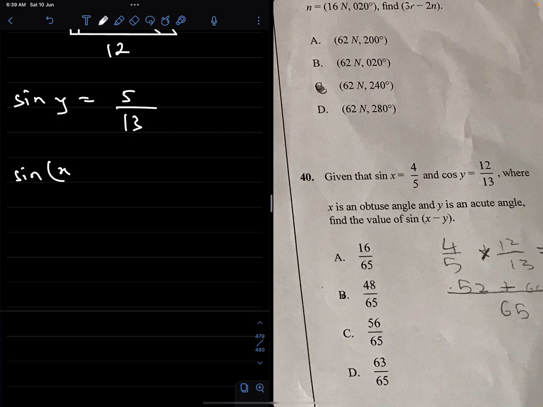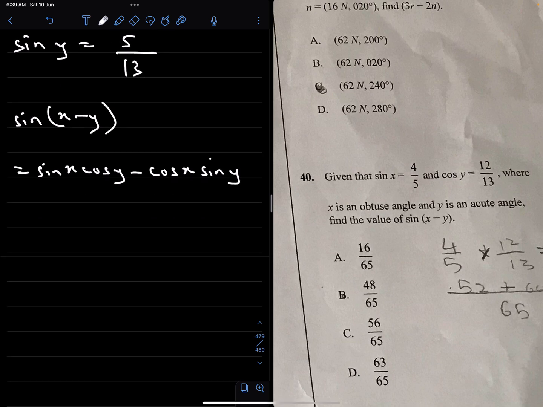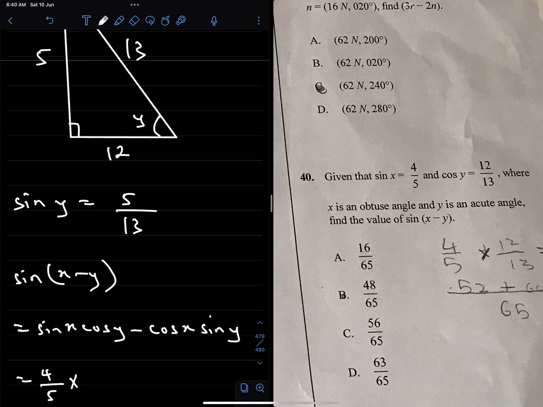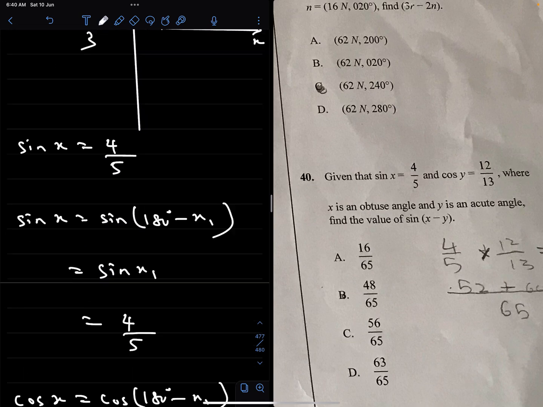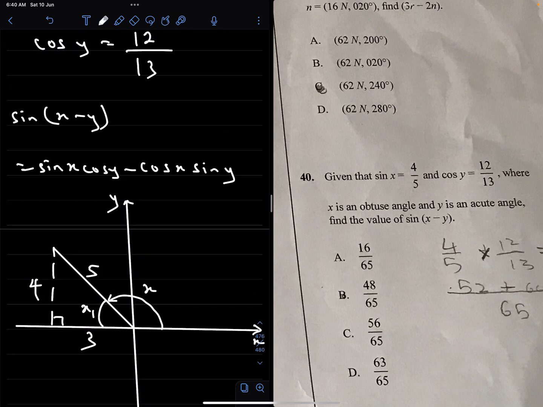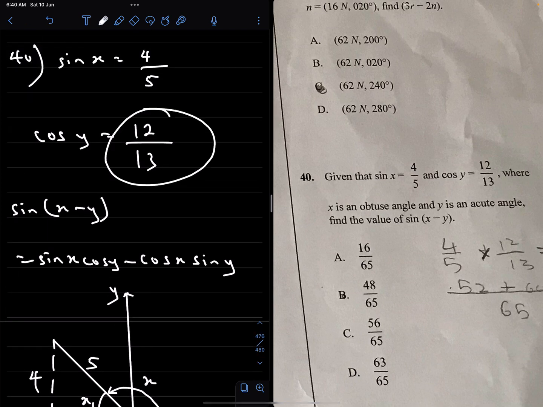And now I can find sine x minus y, which, let me write it again, is sine x cos y minus cos x sine y. That's equal to sine x, which is 4 over 5, times cos y, which is 12 over 13. Cos y was already given in the question.